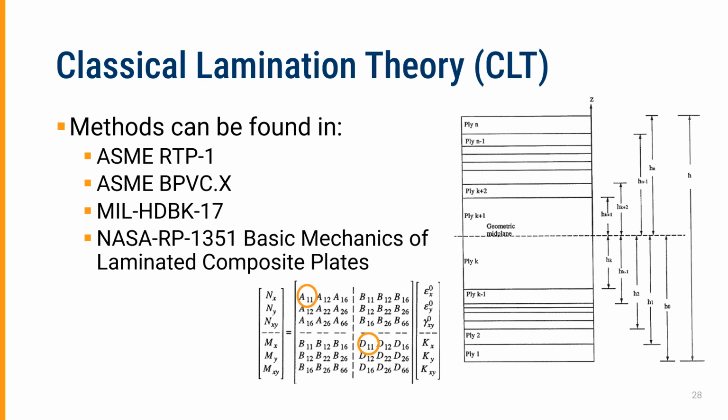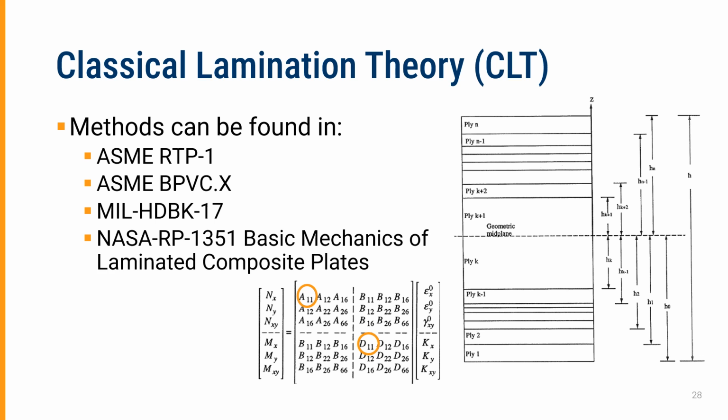Methods for classical lamination theory can be found in ASME RTP1, the Boiler and Pressure Vessel Code Section 10, and Mil Handbook 17, and they're all based on NASA RP 1351, the basic mechanics of laminated composite plates. This work has been in use fairly consistently since the 1960s.